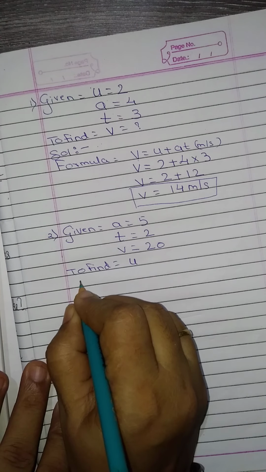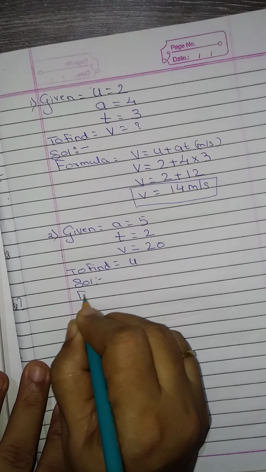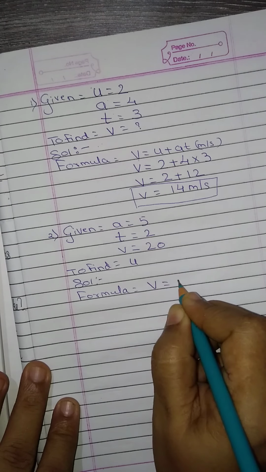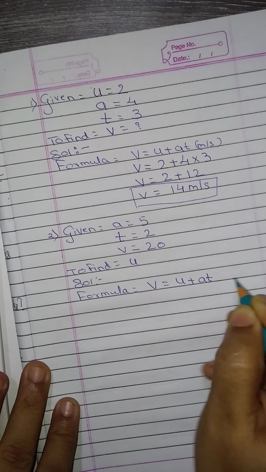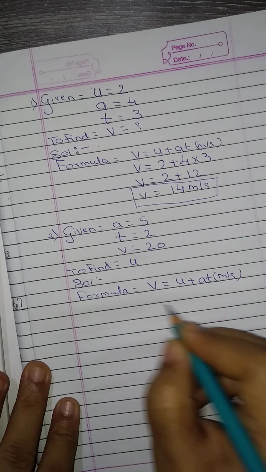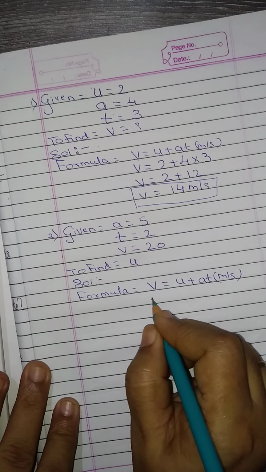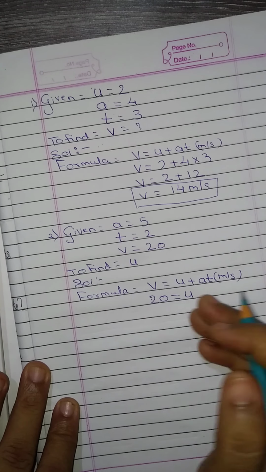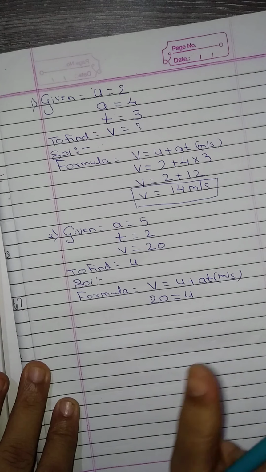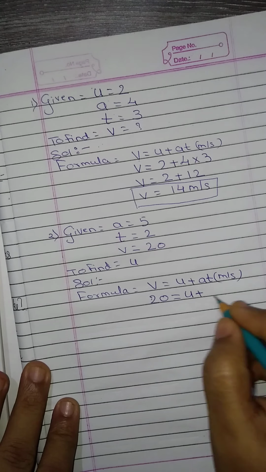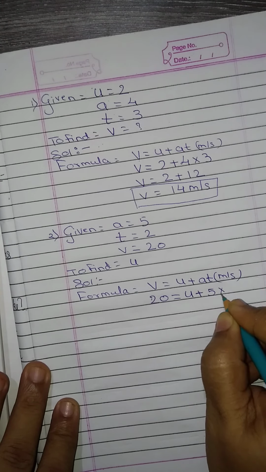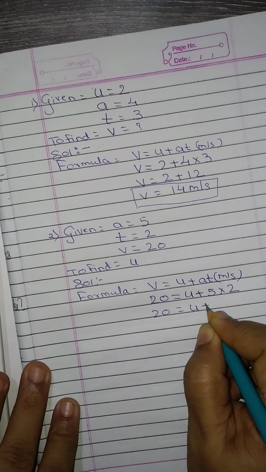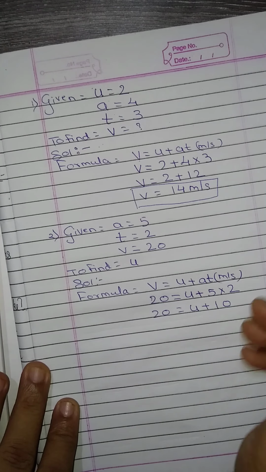Now see how. Solution, formula. V is equal to U plus AT, meter per second. Here we have the value of V, it's 20, is equal to U. We don't know the U, as we have to find the U, so we will write it as it is, plus 5 into 2. 20 is equal to U plus 5 2s are 10.